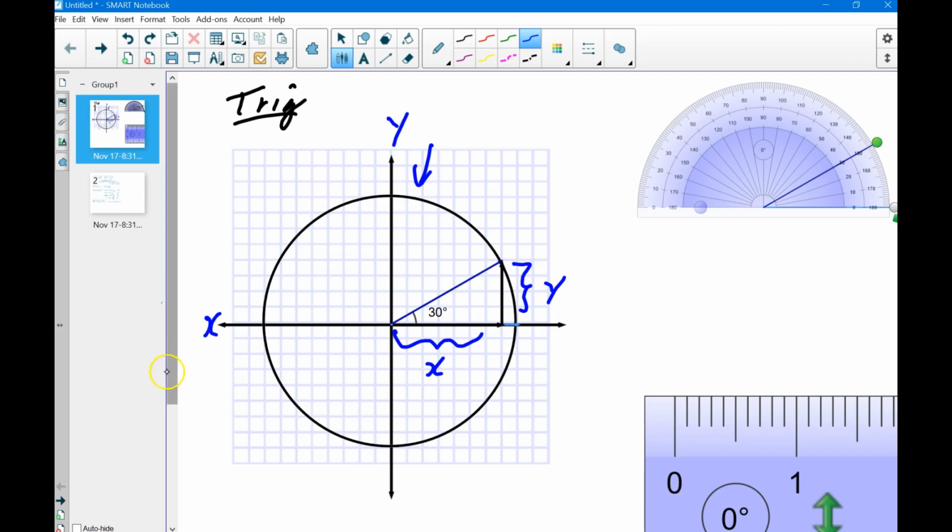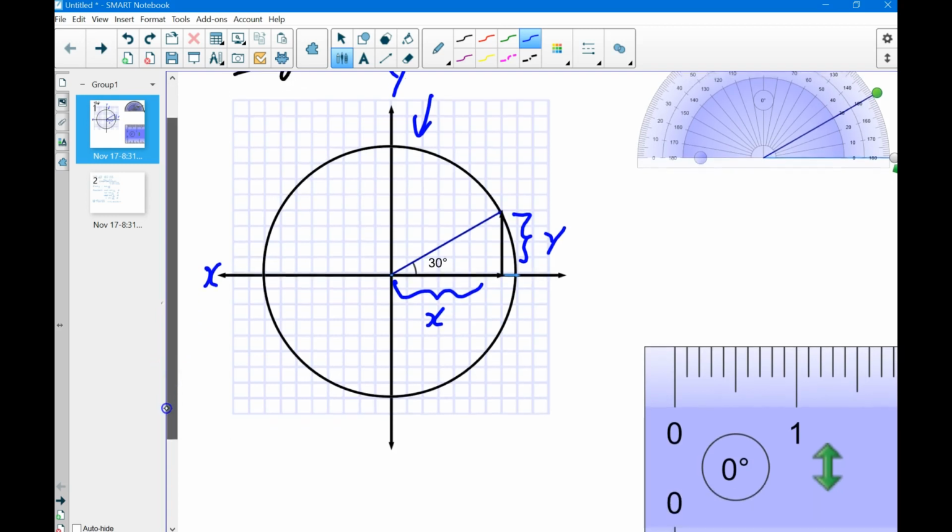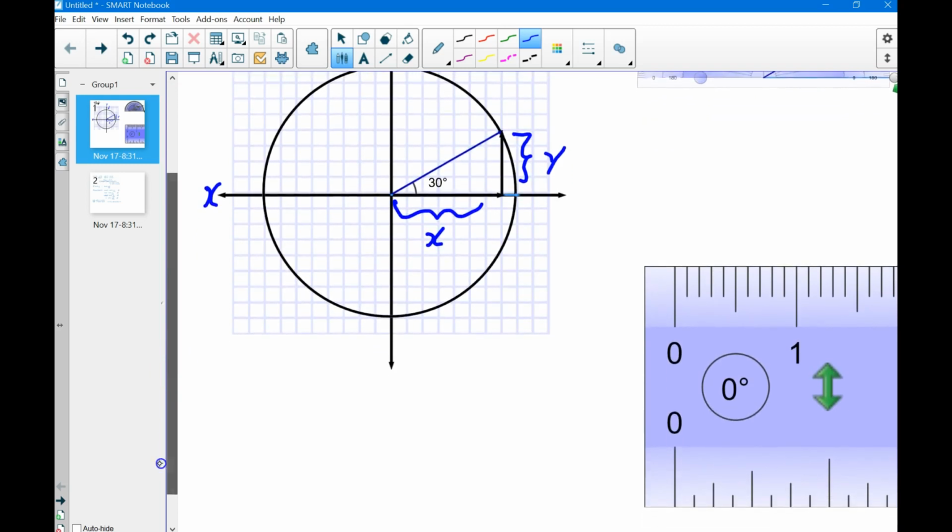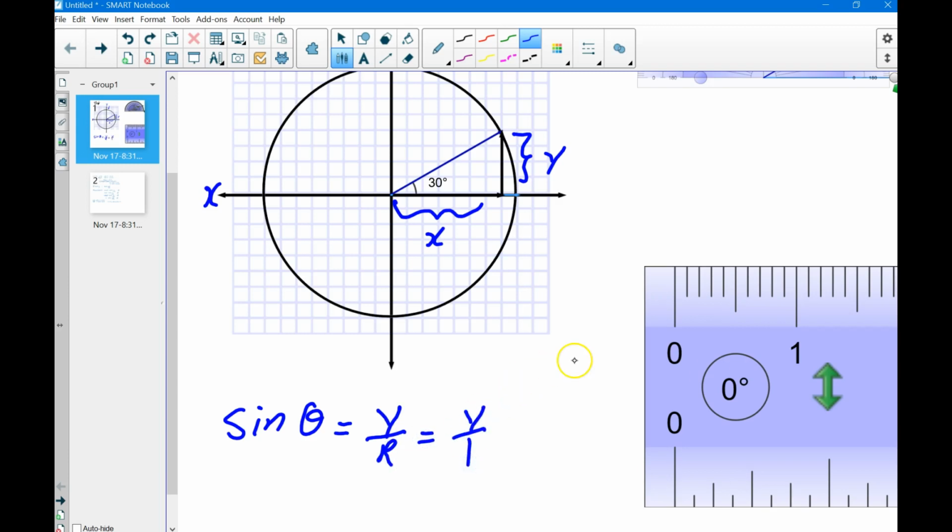Sine theta is actually equal to y over the radius. In this case, it's going to be y over 1. How do we know it's 1?